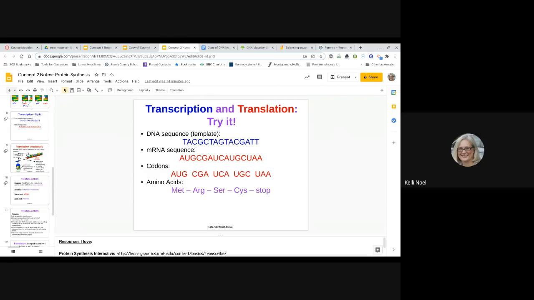So under DNA replication, purpose, make two identical copies. Underneath it, it says nucleotides. The nucleotides for this is A, C, D, G. I don't care what order they are. Where does this happen in the cell? It happens in the nucleus.